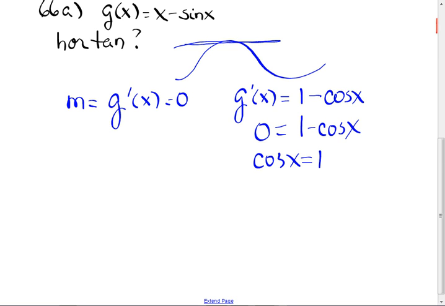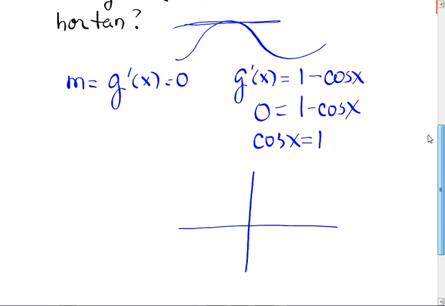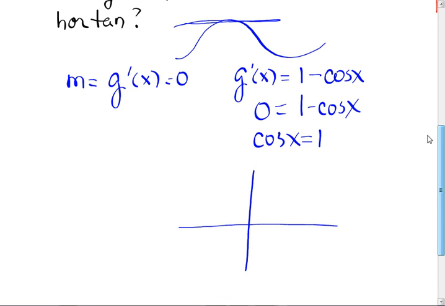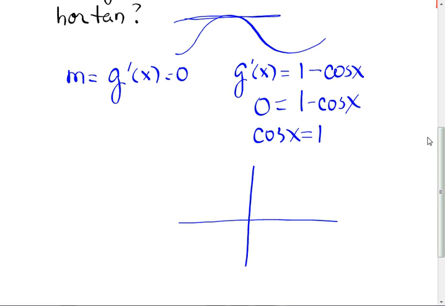Okay, how are we going to find that? Do you remember what cosine looks like? Where does it start? Okay, where is the cosine equal to 1? 0, where else? 2 pi. 4 pi.